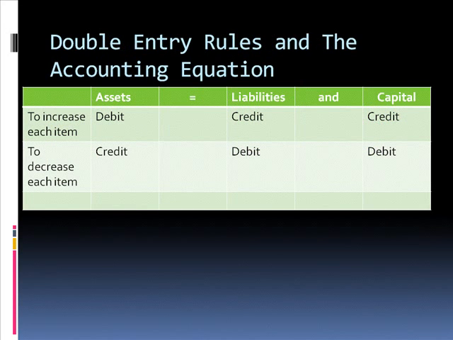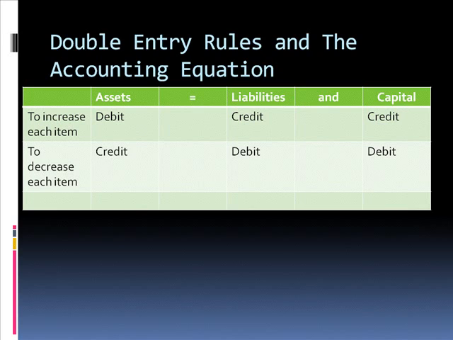Well guys, let us now look at how the double entry rules and the accounting equation work hand in hand. Firstly, we look at how to increase each item. To increase an asset, you do what? You debit. To increase both the liability and the capital, you credit.